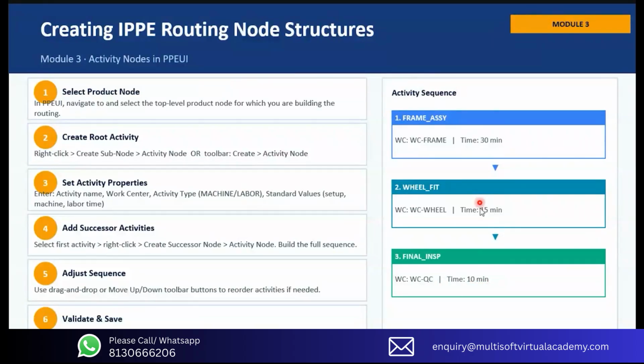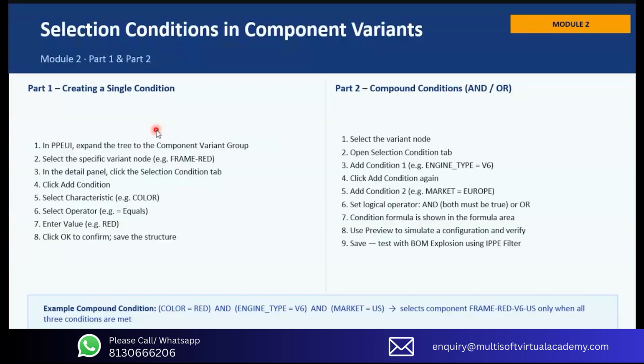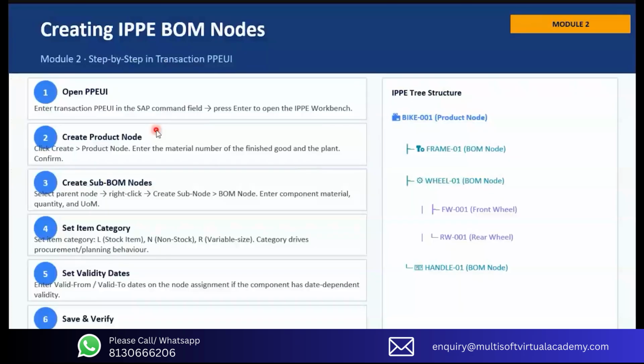How this structure is built, we see on the left side. First, select the product node, and in the product node, navigate and select the top level product node for which you are building the routing. Means in the previous section we created the product node, right? This is the product node, which is a parent.